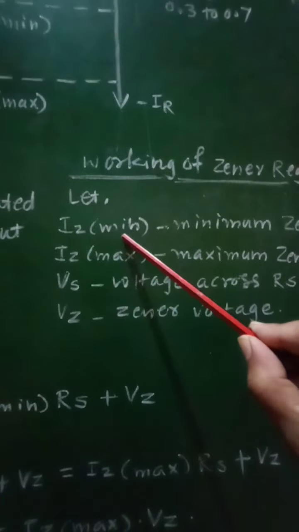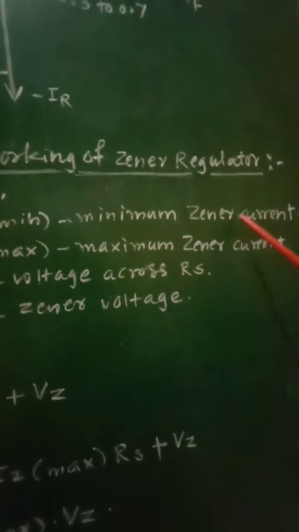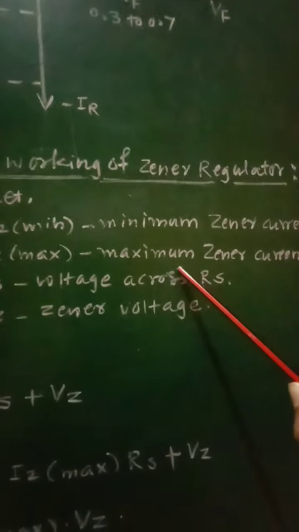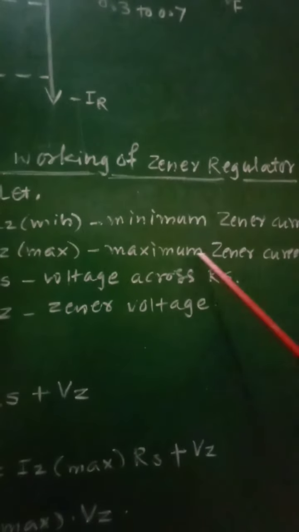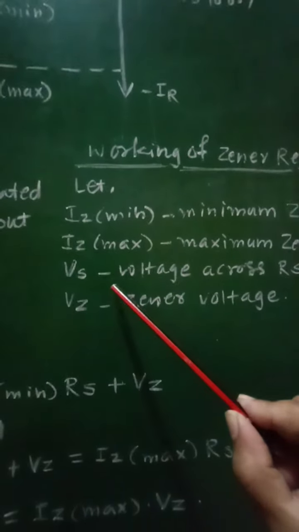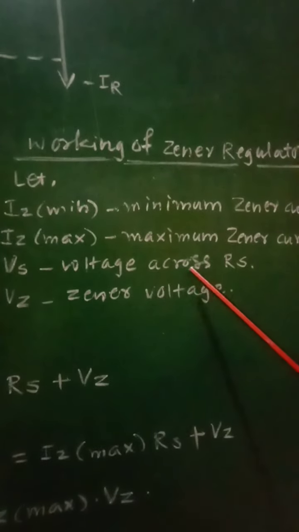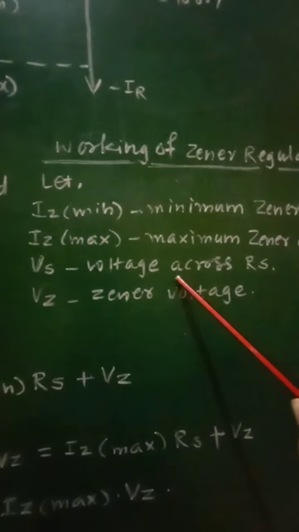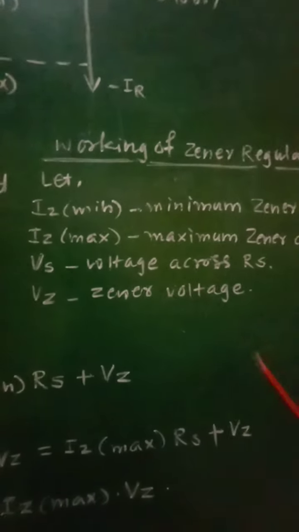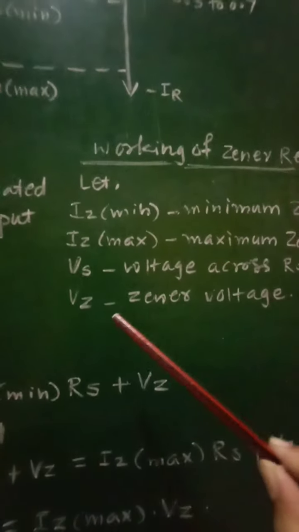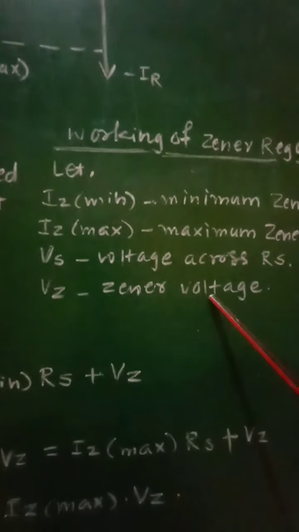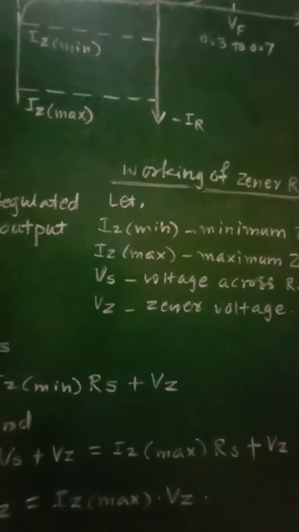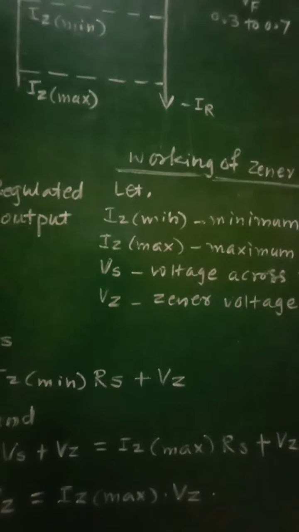Iz max represents the maximum Zener current. Vs represents the voltage across the series resistance Rs, and Vz is the Zener voltage across the Zener diode.